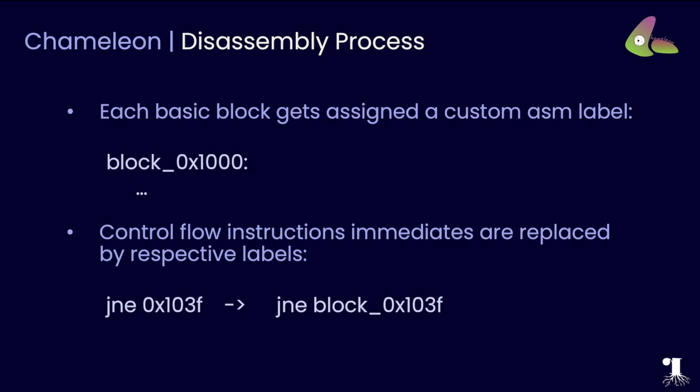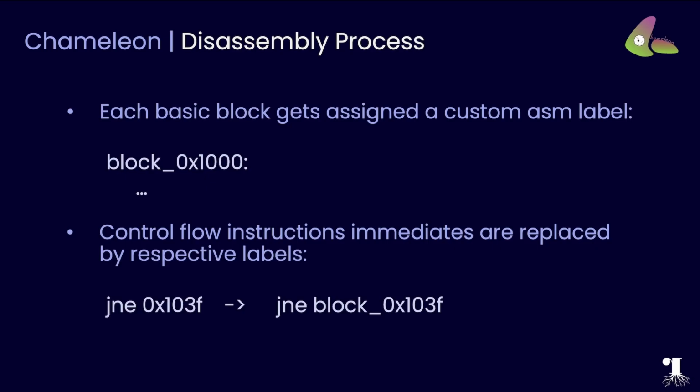Well, when we parse this data, we assign each block a label. So each block begins with its own label, and we can use this label to identify the block and to jump to it whenever we need. And then we parse all the control flow instructions, and we replace all the immediates with their corresponding label.